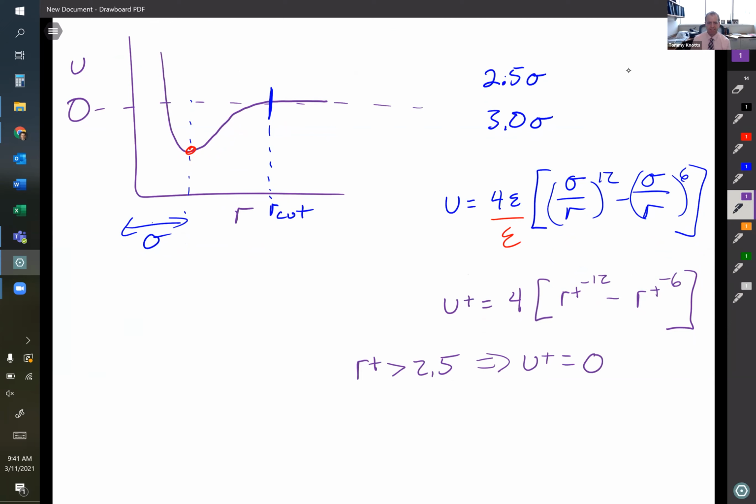This is something I specify in almost every code I know. We don't necessarily do it in the code in Excel. What we do is specify half the box length as our cutoff, because that's what minimum image does by default. But in most codes, you usually set it to 2.5 or 3 sigma. In real units, if I was doing a protein, I might do about 10 angstrom. After about 10 angstrom, two particles don't feel each other much from Leonard-Jones non-bonded interactions.